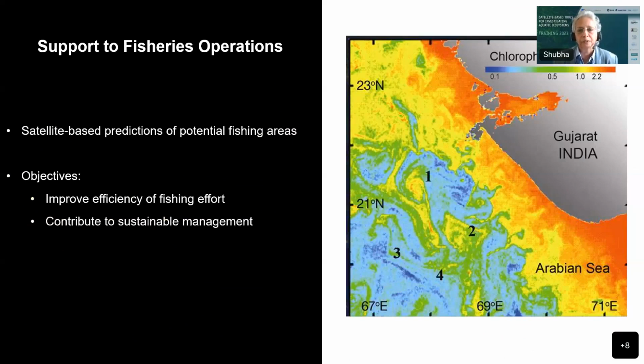Many countries are doing that, and the objective, of course, is not to overfish or to help overfish, but to improve the efficiency of the fishing effort: catch your daily quota in less time and using less fuel. And then you contribute to better management of sustainable fisheries.